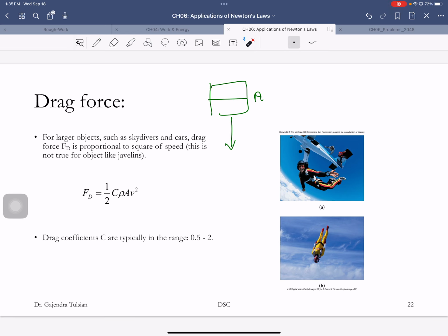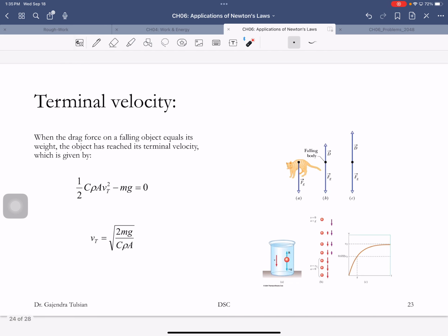So you can see that if you double your speed, the drag force increases by a factor of 4. Okay. So for large objects, it depends on that. Okay. So drag coefficients typically are 0.5 to 2, depending on the type of vehicle. Okay. So for instance, all right, we'll come to this in a second.